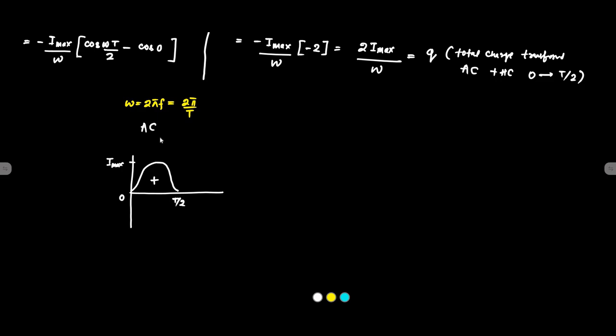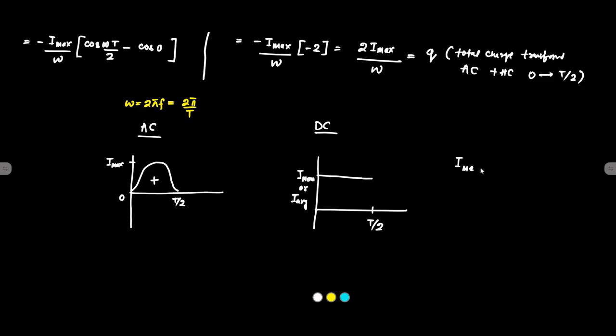We want an equivalent DC value, which we'll call I mean or I average, which will send the same amount of charge in the same time period. So let that current be I mean.